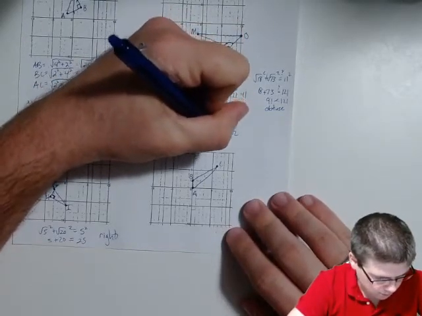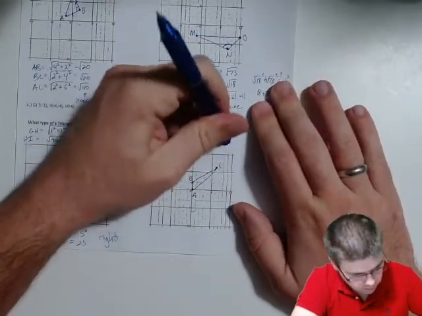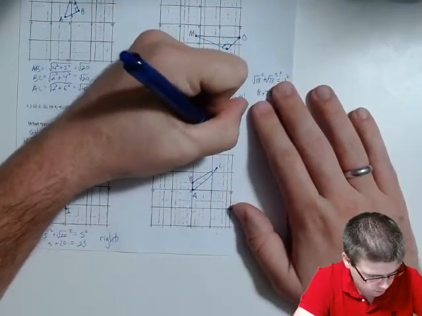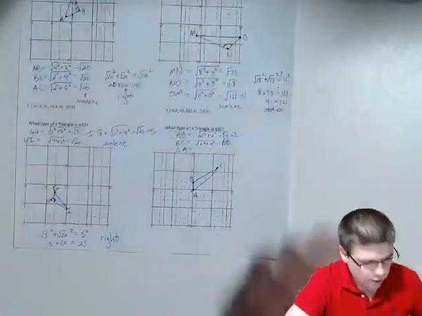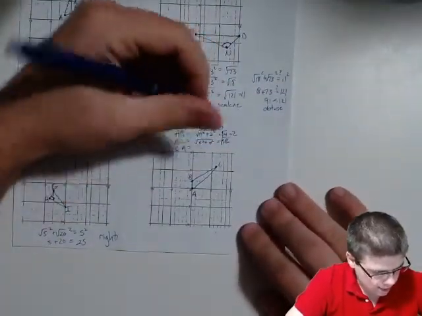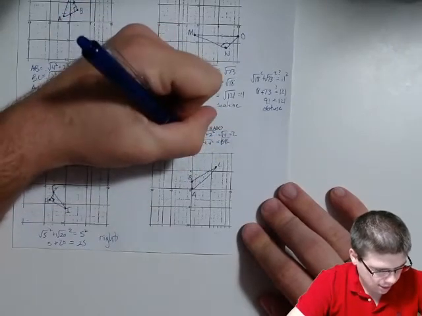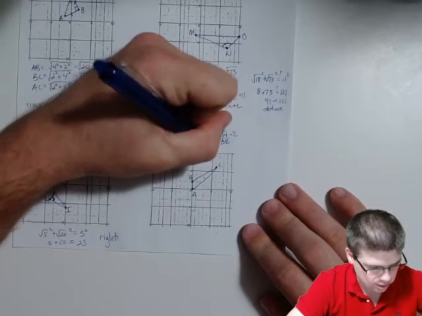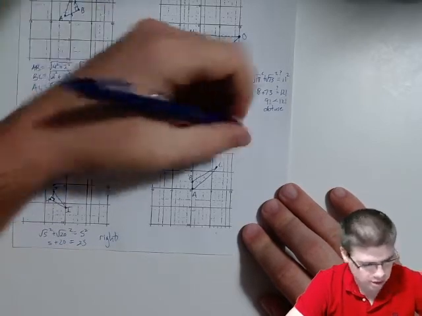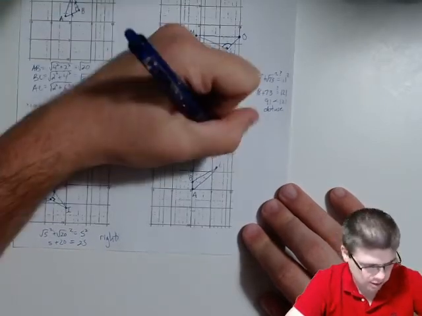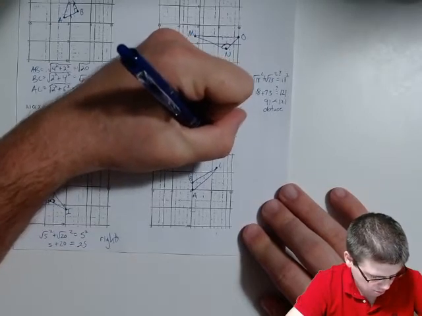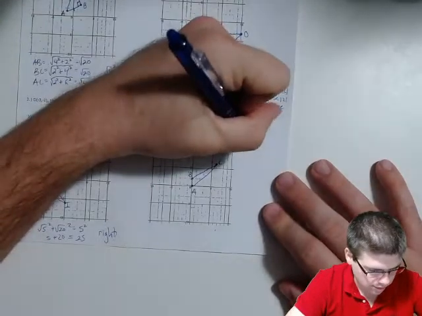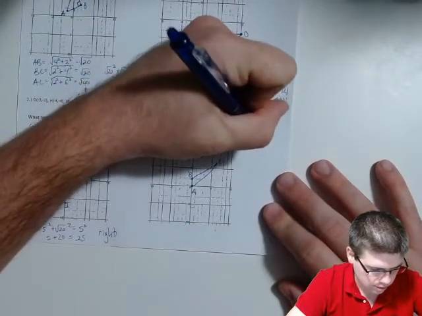So we got a square root of 52. And then our last distance here, from A to C, the horizontal distance is still 6 squared, the vertical distance is 6 squared, so 36 plus 36 is 72. And that's our longest side, all three different, so we have a scalene triangle.